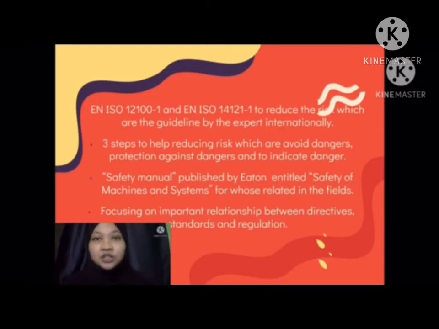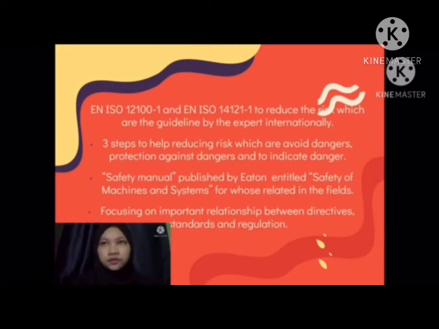EN ISO 14121-1. To reduce the risk associated with machine is by giving the constructor detailed information of the guideline of danger and the consequences to examine. It must also contain design guidelines and method for safe construction and reduction of risk. There are 3 steps to help reduce the risk associated with machine.